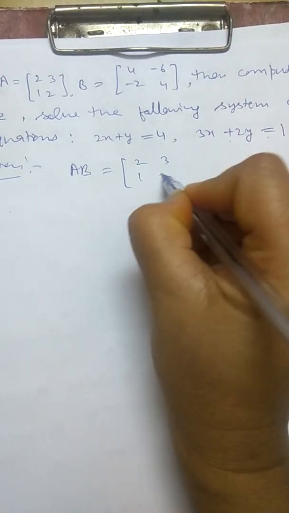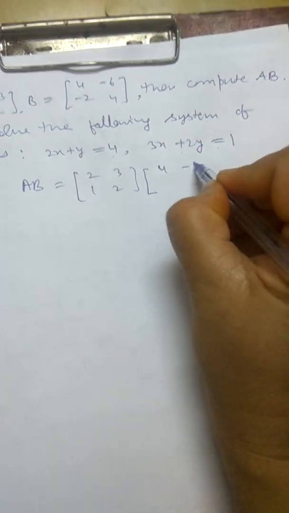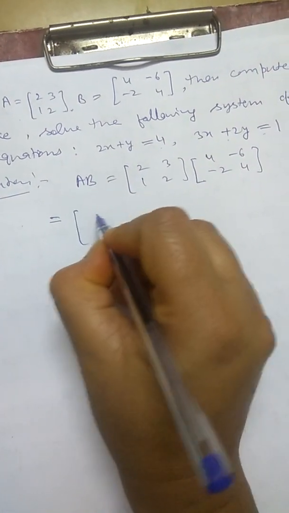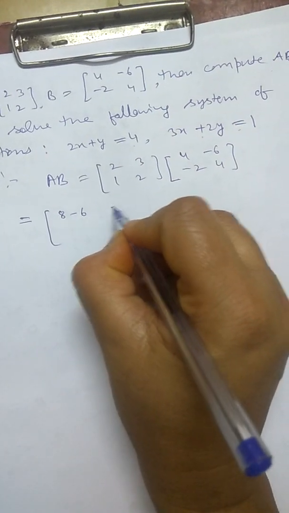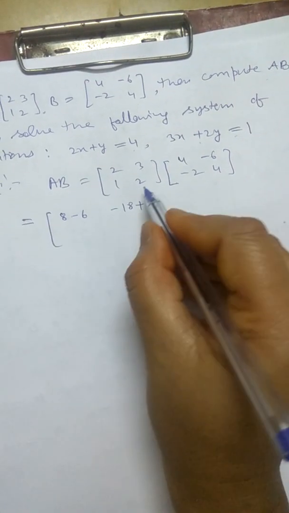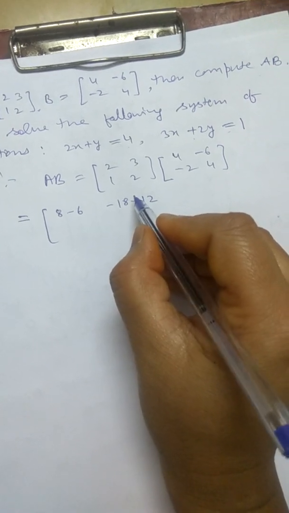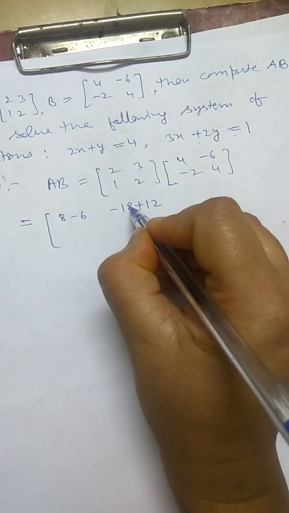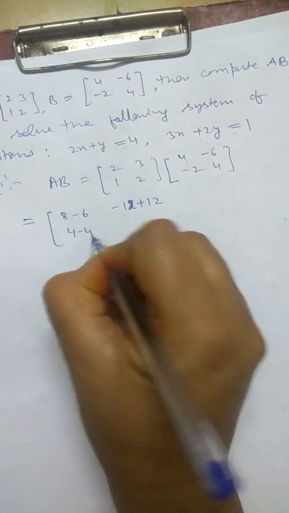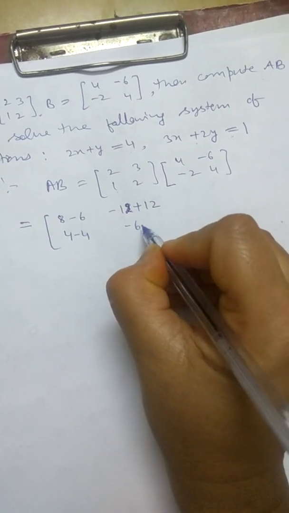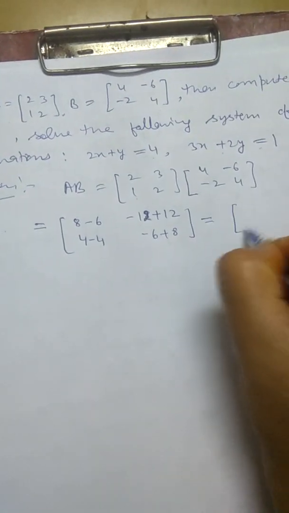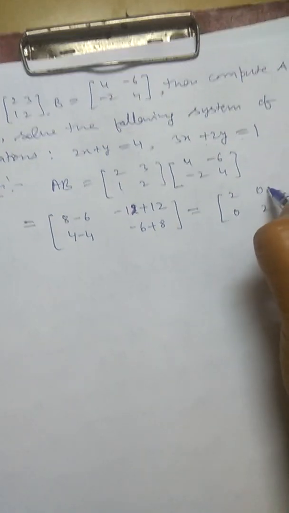Now, first of all, we have to find the product AB. That means [2, 3; 1, 2] into [4, -6; -2, 4], that is equal to [8 - 6, -12 + 12; 4 - 4, -6 + 8], that is equal to [2, 0; 0, 2].